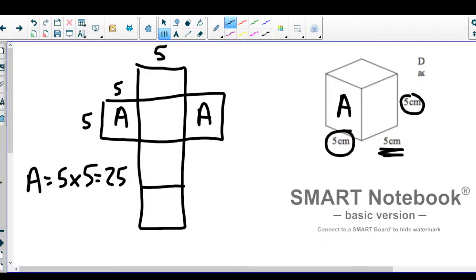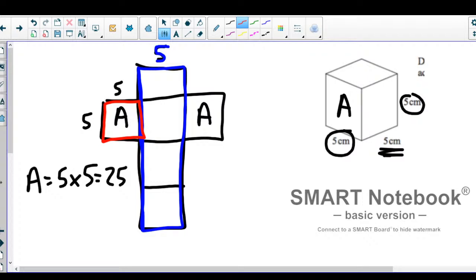Now what I'm going to do is look at this big shape here. Now I could look at the 4 shapes inside, but what I'm going to do is just look at that one rectangle and think about its dimensions. Well, first of all, I know that is 5, but what I also want is the length of this side here. Now, that's actually the same as the perimeter of that square in this case.